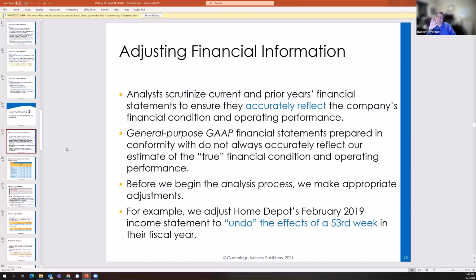If you're not doing a calendar year, you're doing a fiscal year of, say, January to January. Every 4 or 5 years, you have an extra day not accounted for, and it adds up to an extra week after so much time. So every 5th year, you have a 53-week income statement period. That makes the numbers include an extra week. If you're comparing year to year, suddenly that 5th year looks weird, so you have to account for that.